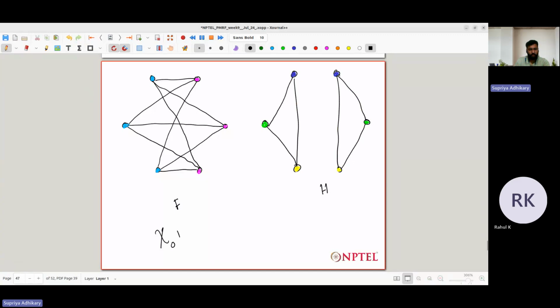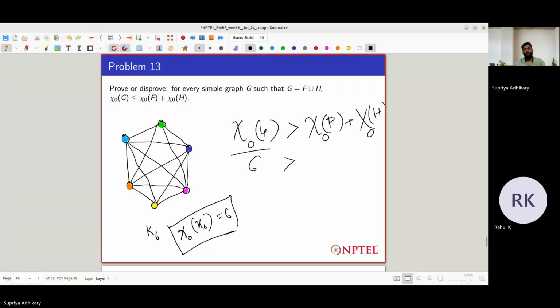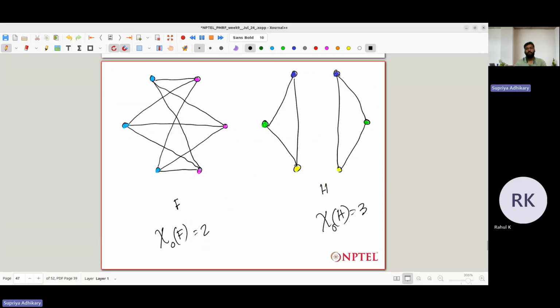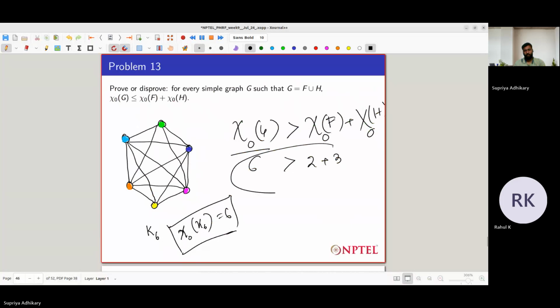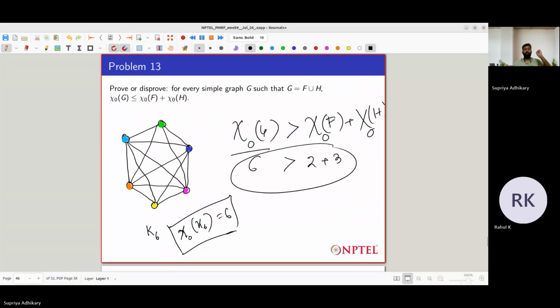So the chromatic number of F is 2 and the chromatic number of H is 3. So definitely the chromatic number of G is greater than the chromatic number of F plus the chromatic number of H, because this is 6 and F was given as 2 and H was given as 3. So we have given an example where this condition is not true.